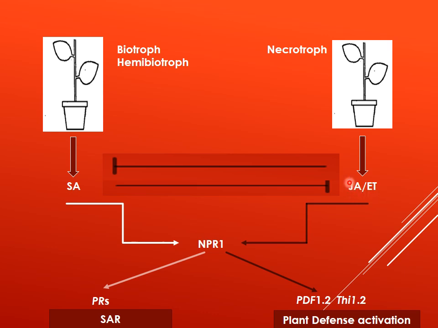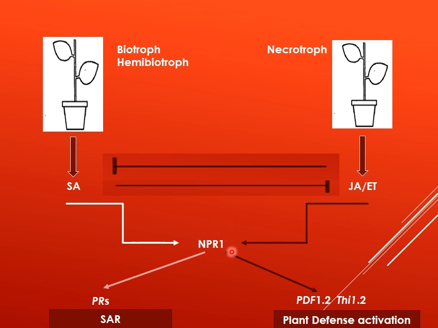So the molecule which acts as a link is not salicylic acid, but jasmonic acid or ethylene. And again, the signal goes to NPR1, and the master regulator is again NPR1.